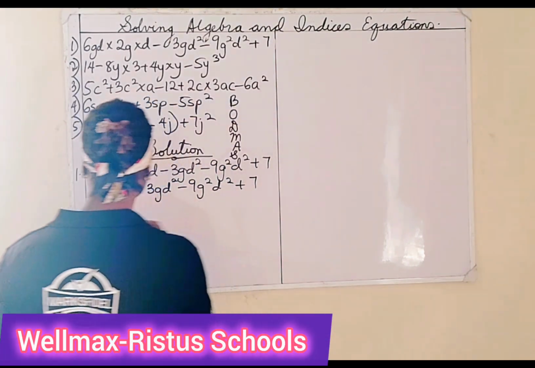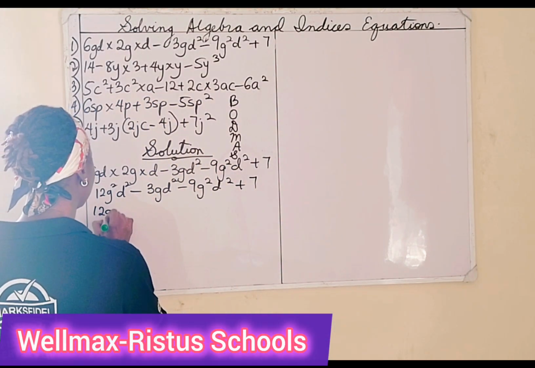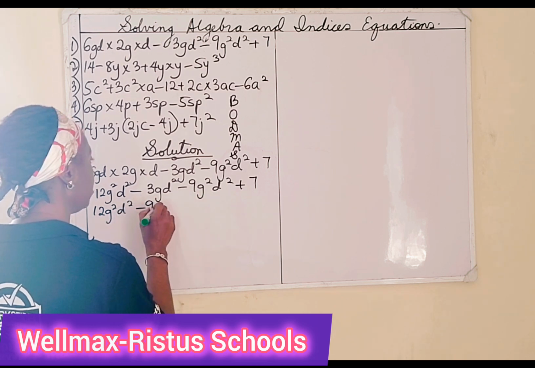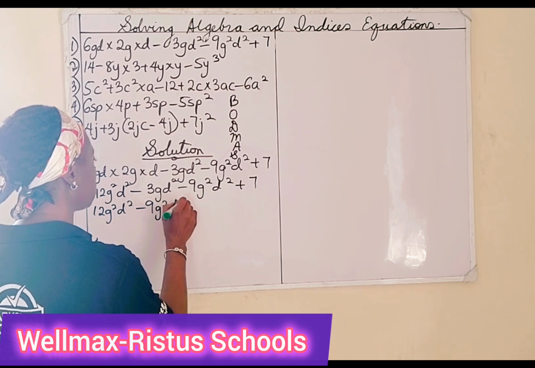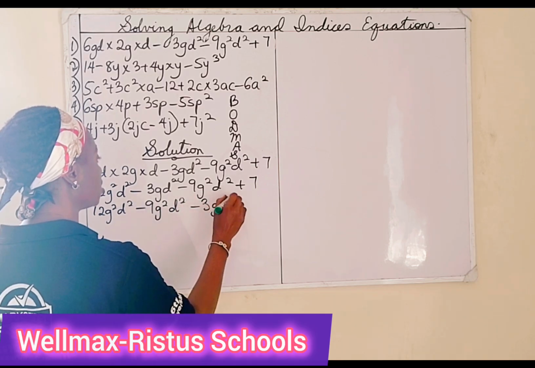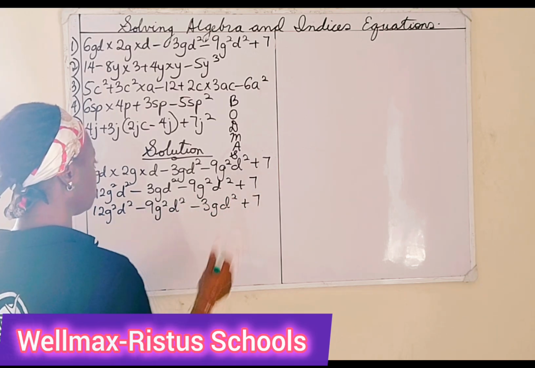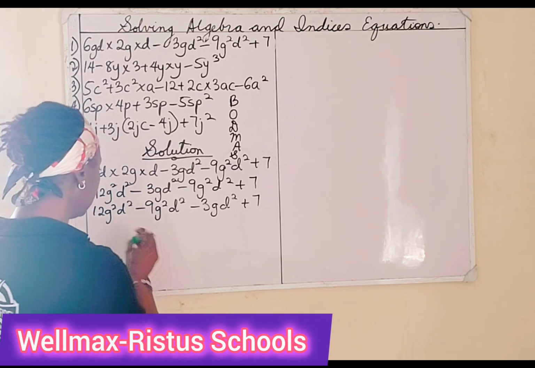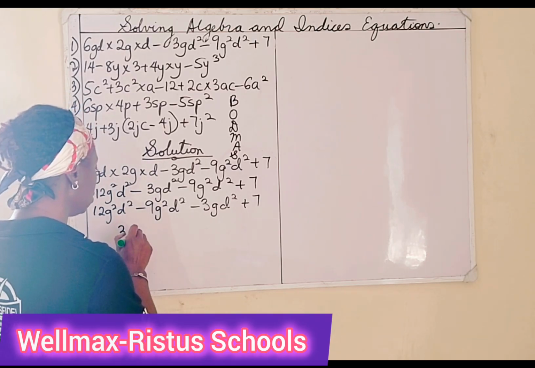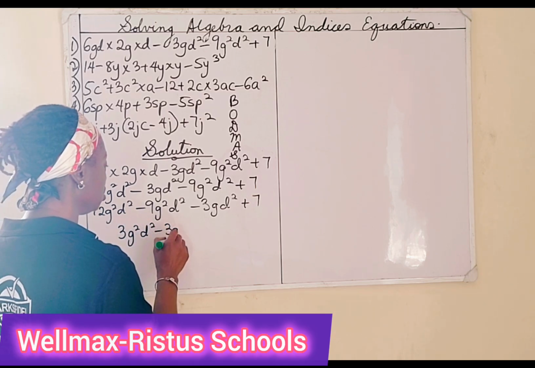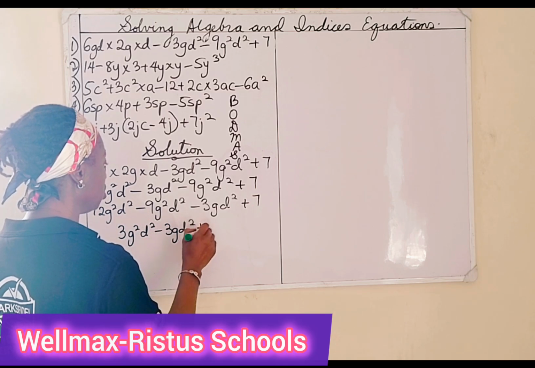So we're going to say 12g squared d squared minus 9g squared d squared minus 3g d squared plus 7. 12 minus 9 is 3. So we have 3g squared d squared minus 3g d squared plus 7.